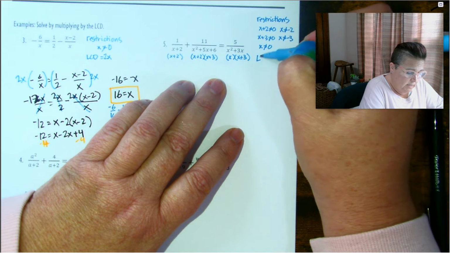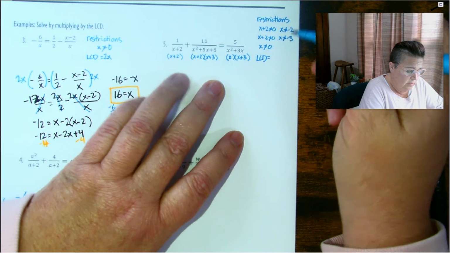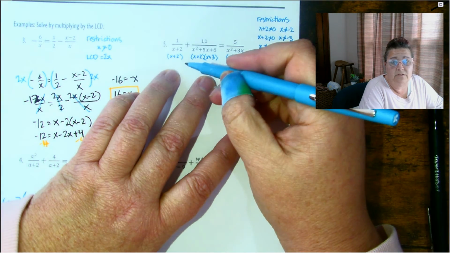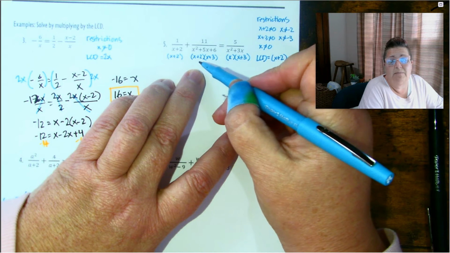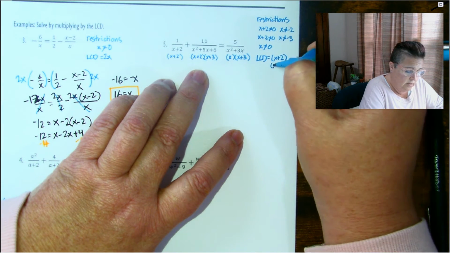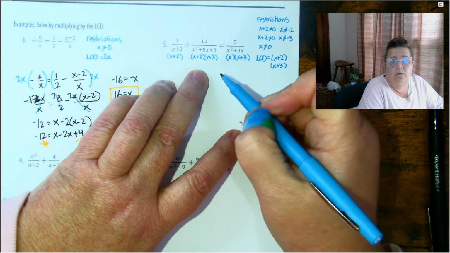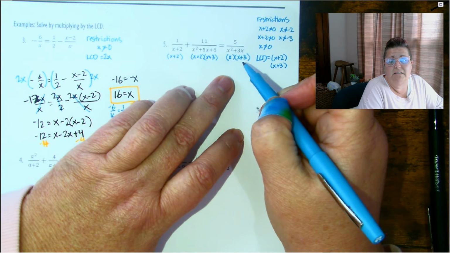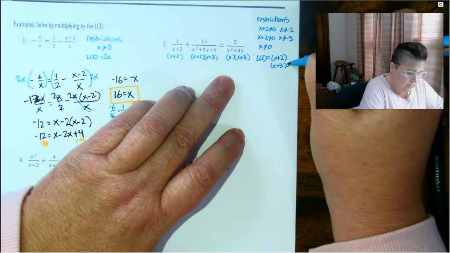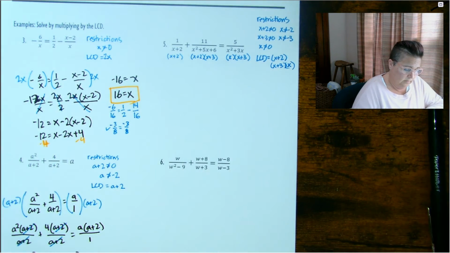My least common denominator is the x plus 2, because that's in the first one. My second denominator has an x plus 2 already. I need an x plus 3. My third denominator has the x plus 3, but we haven't done the x yet, so I need an x. Okay.